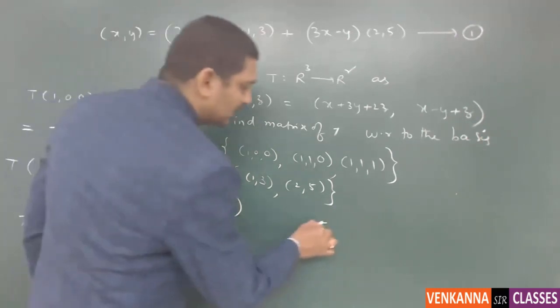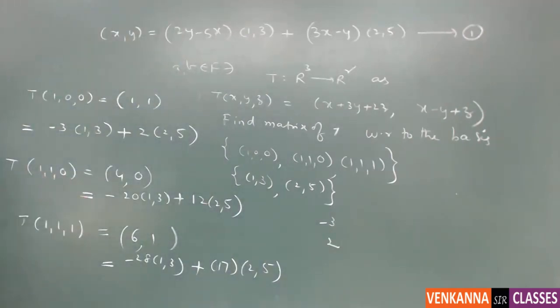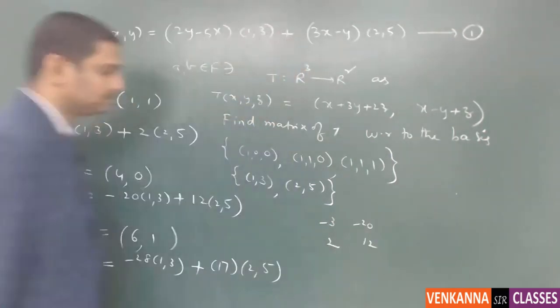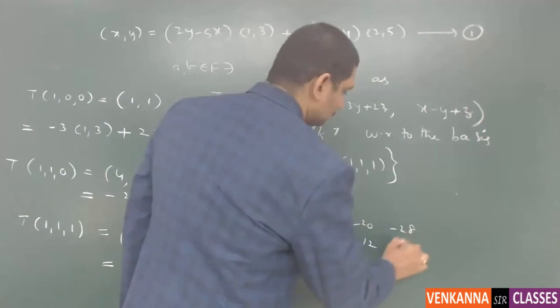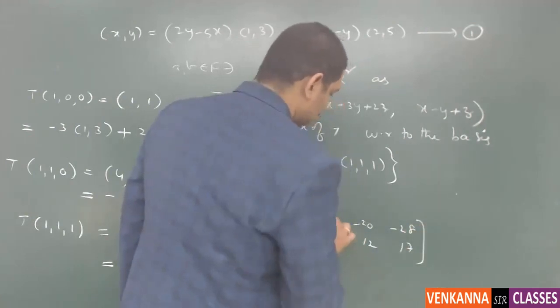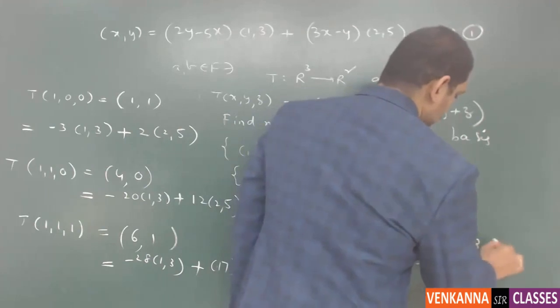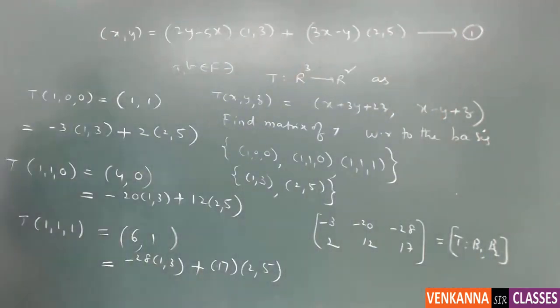You are going to write like this. And from this, the scalars are nothing but, and here the scalars are nothing but, so this is the matrix of T with respect to the given basis. Please take a note of that.